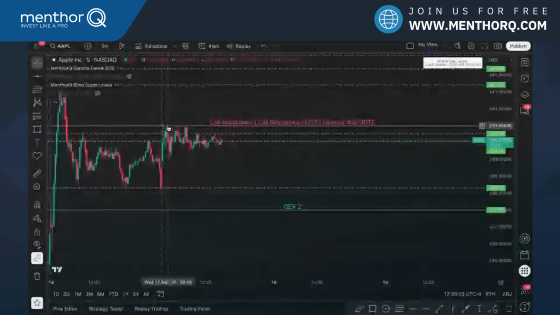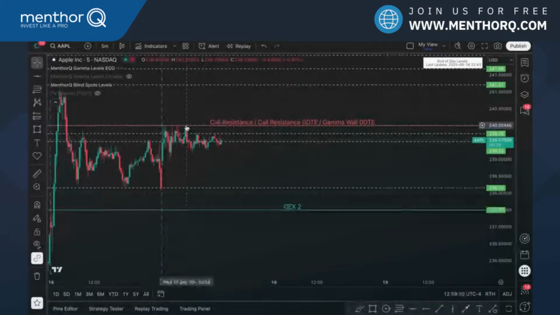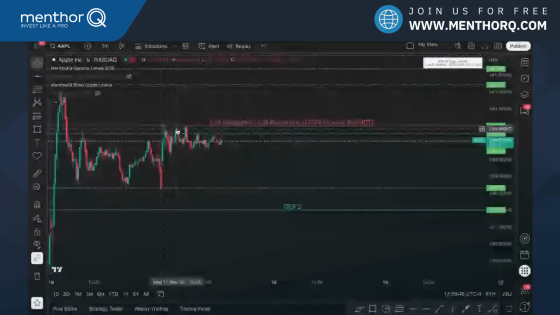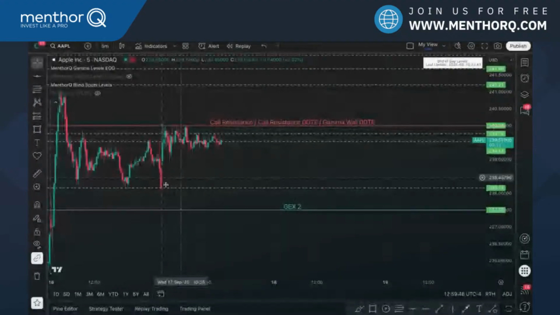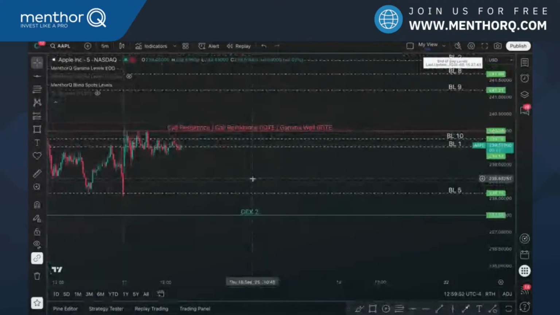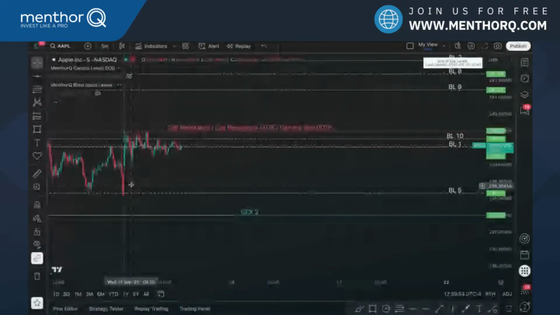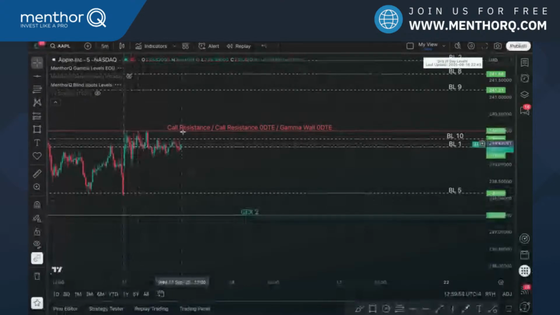This is a very, very big level that has been hard to break for the whole duration of the day. So once you know that, and we have retested many, many times, this could have been a good example. To the downside, we had this blind spot 5 level here, very interesting. This could be a strong support area, but now we are really fighting around this level here.